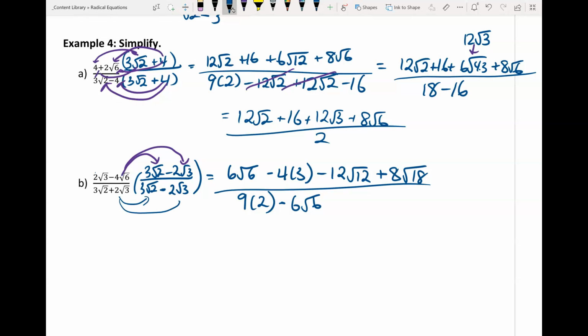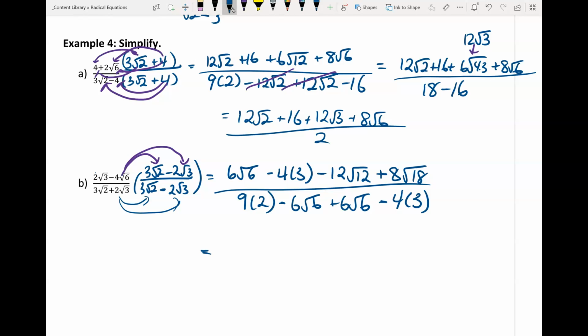Then we have this one to do. 2 root 3 times 3 root 2 is plus 6 root 6. And then our last term, we have 2 times 2, which is 4, and then root 3 times root 3 is 3.